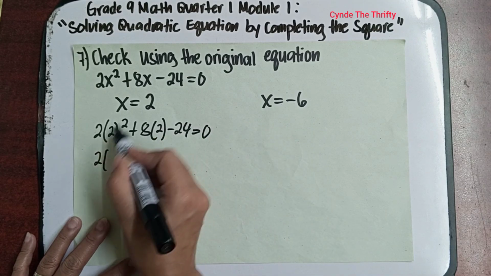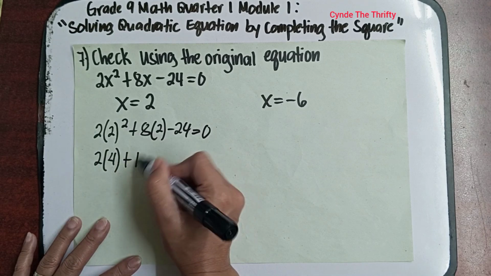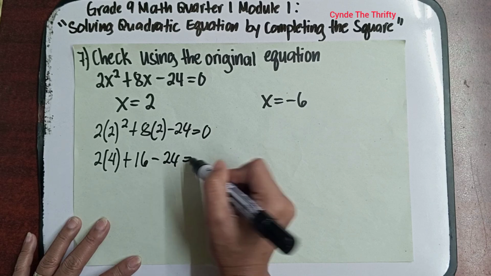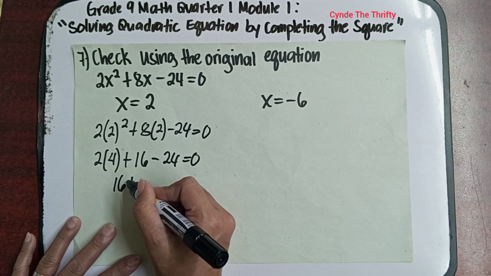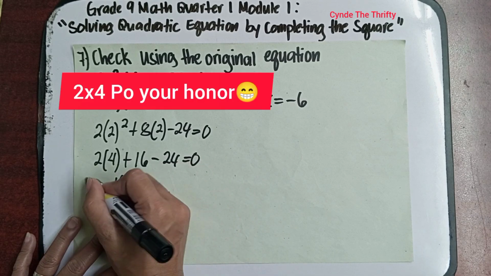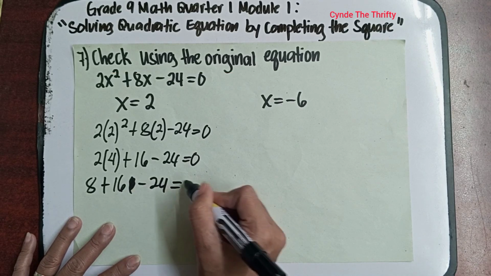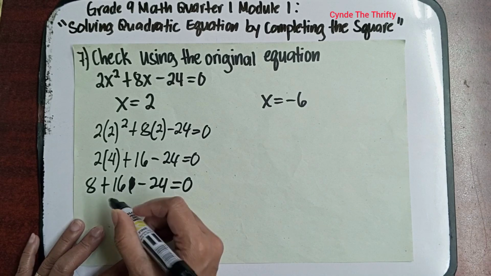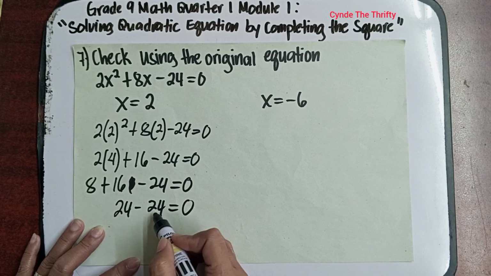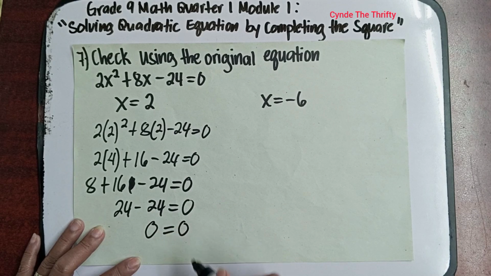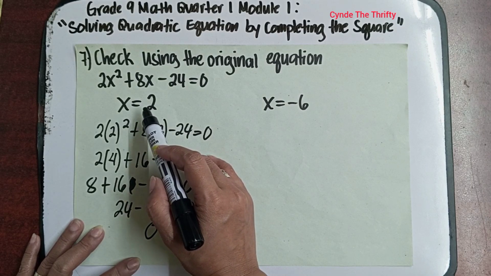So 2 squared is 4. 2 times 4 equals 8, plus 8 times 2 equals 16, minus 24 equals 0. So 8 plus 16 is equal to 24 minus 24 is equal to 0. Okay, so equal both sides. So ibig sabihin, tama ang value ng ating x na 2.